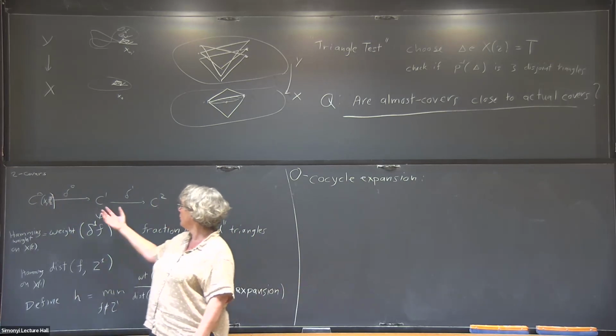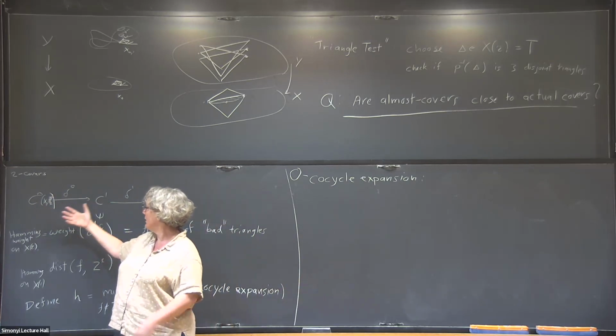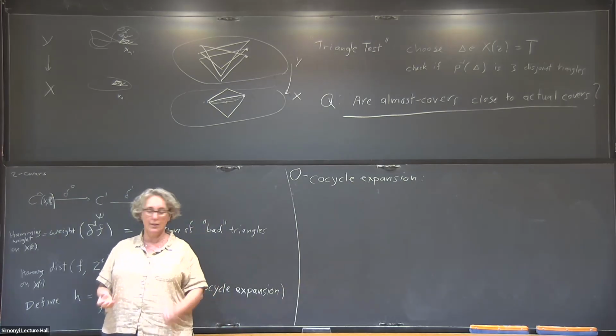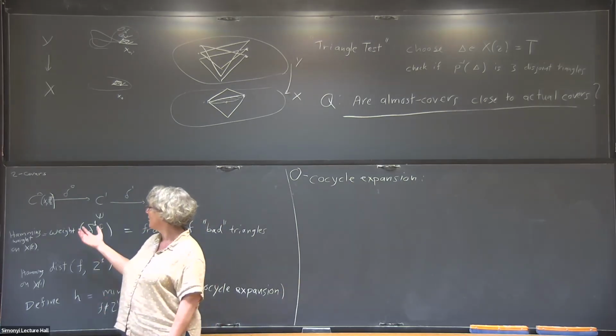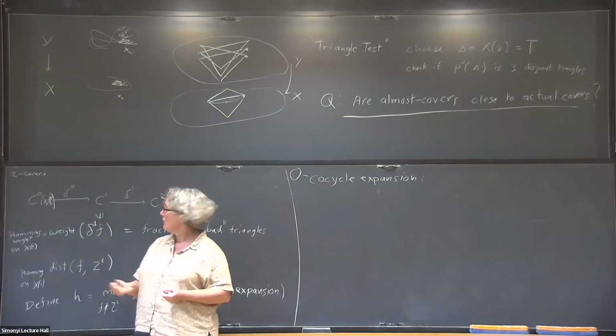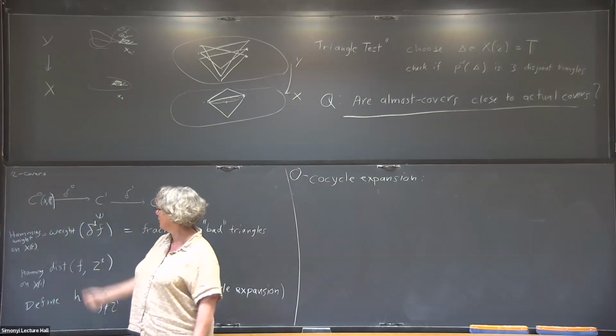So what do we know if a set has small boundary? We want to say, is it close to a set that has zero boundary? What is a set that has zero boundary? That's exactly the kernel of delta zero. We want to know if a set has small boundary, is it close to a set that has zero boundary?